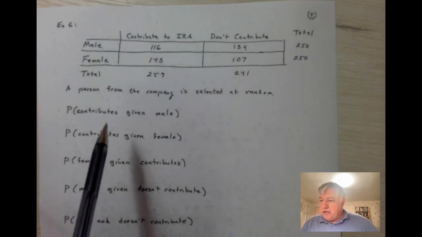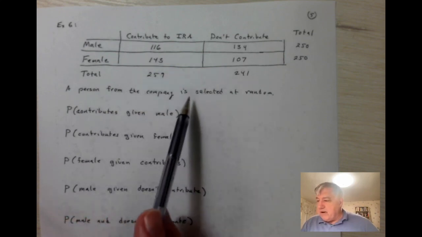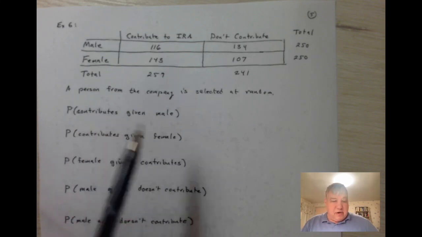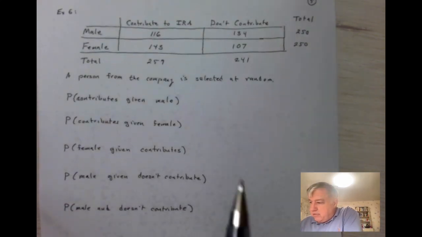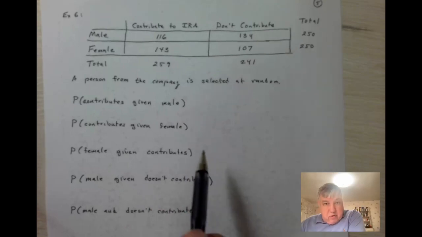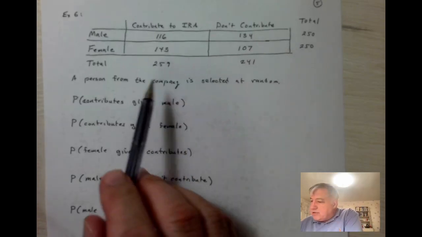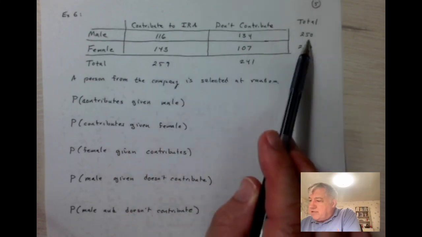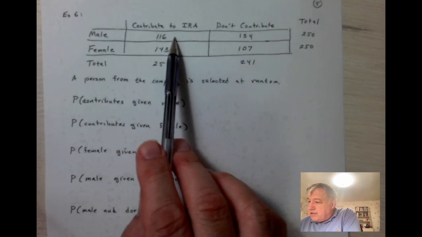So if a person was chosen at random from this company, what would be the probability that that person contributes, given that that person's a male? Well, this tells us that we're only interested in males, so we are just looking at this information. There are 250 males, out of which 116 contribute.